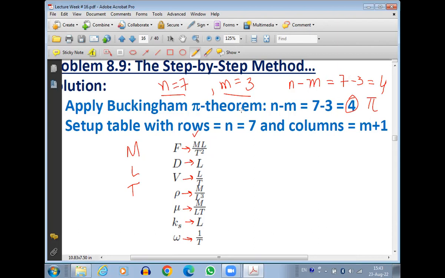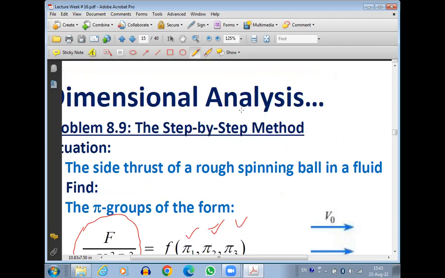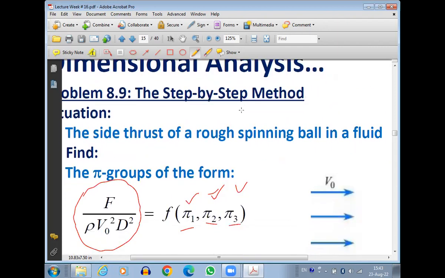Now, if you look here, out of those 4, 1 is already specified in the question. One variable is mentioned that it should be this one. Let's say this is pi 1, this is pi 2, this is pi 3, then let's call this pi 4. So we need to have pi 1, pi 2, pi 3, pi 4.